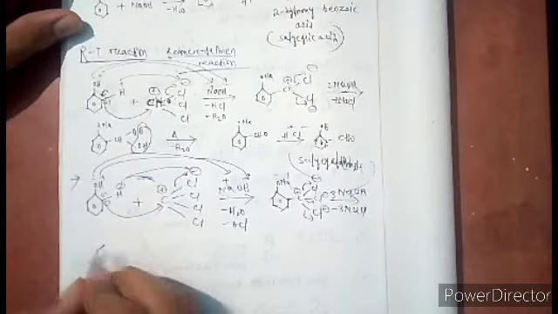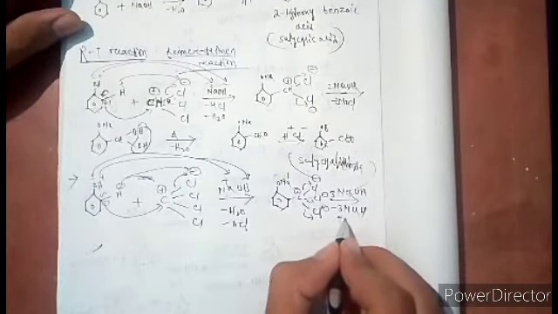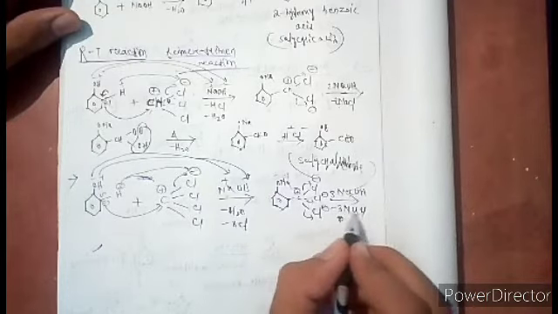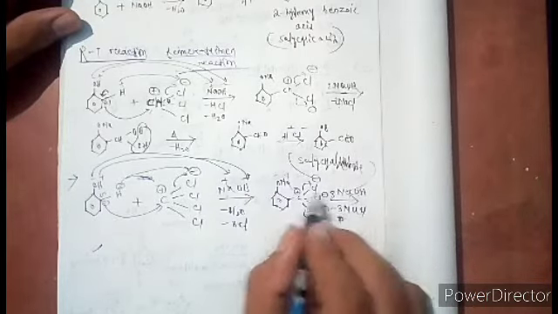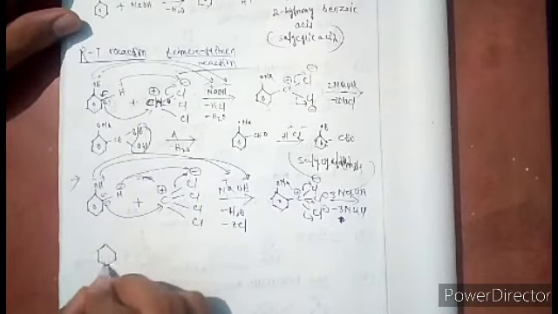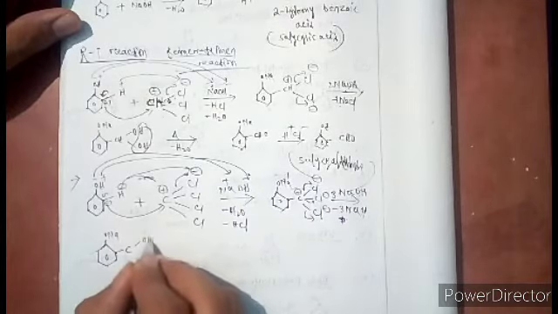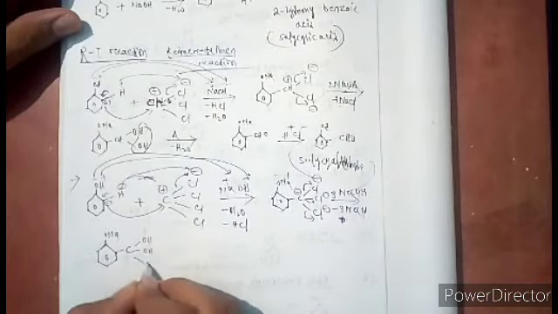Okay, and on adding 3NaOH, that is 3NaCl removed, 3OH attached, that is ONaCOH.